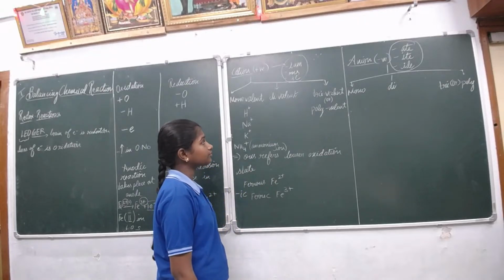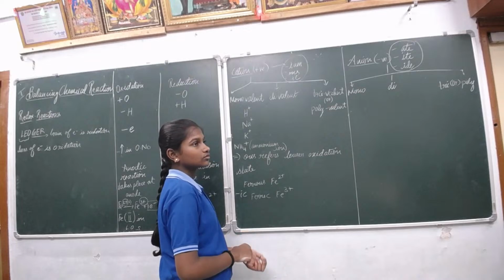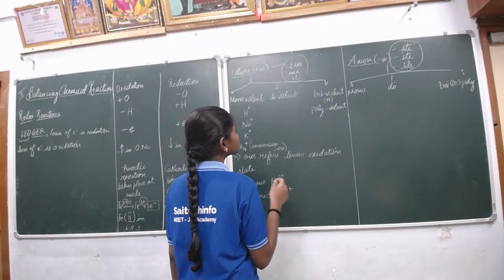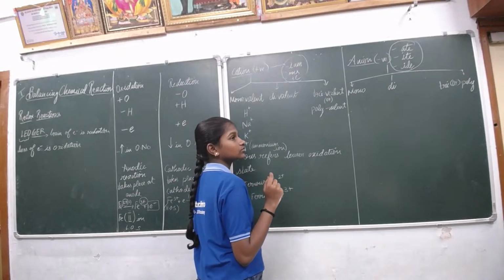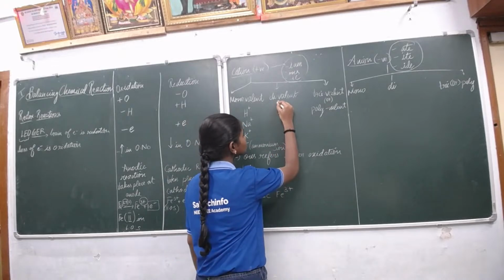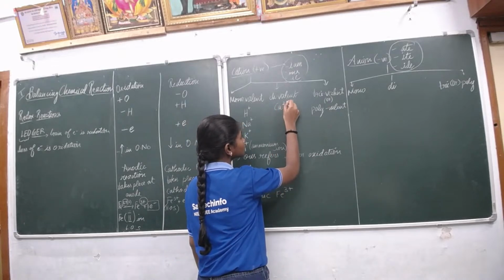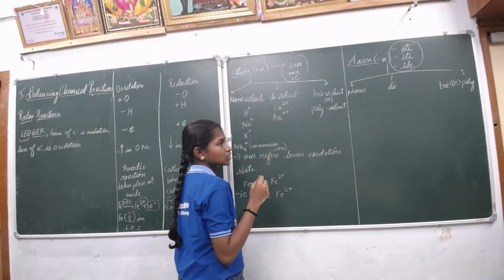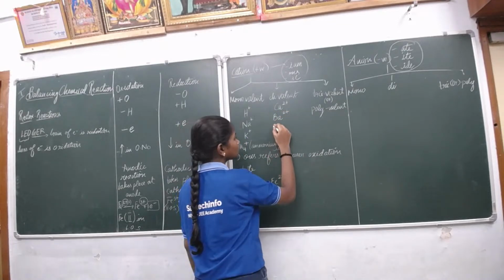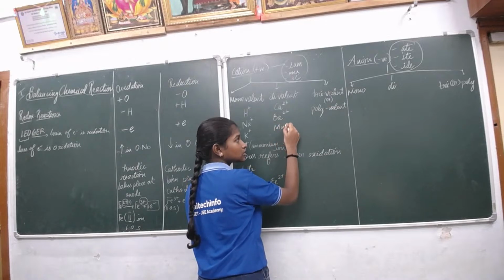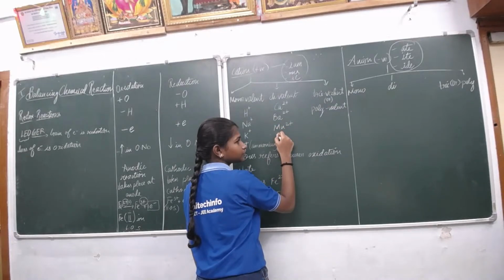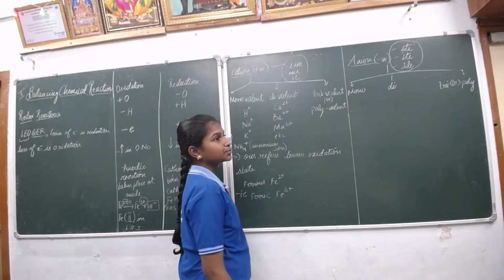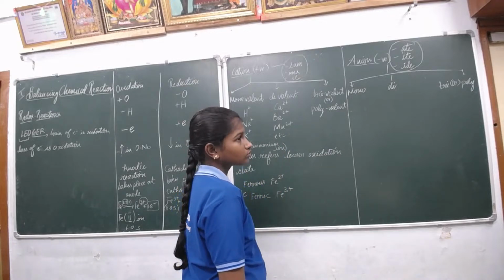Now, under divalent cation, you have Ca2 plus calcium, Ba2 plus barium. You can also have manganese, Mn2 plus, cobalt, etc. And similarly, you can put Fe2 plus also, ferrous ion.